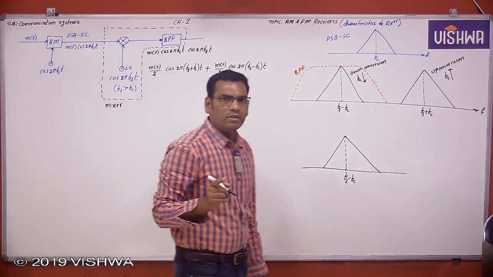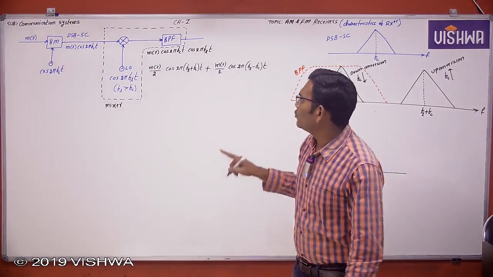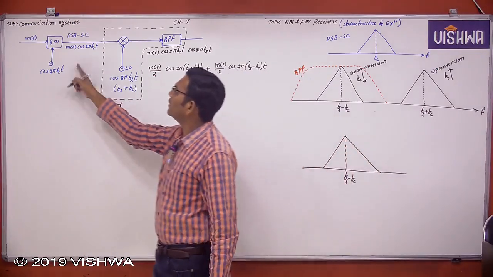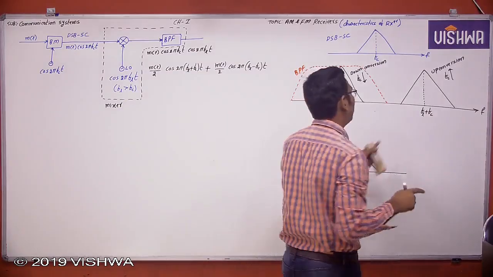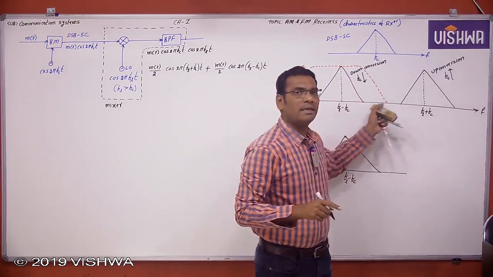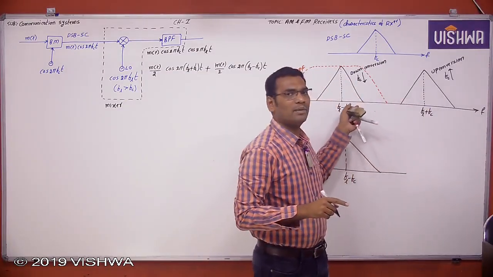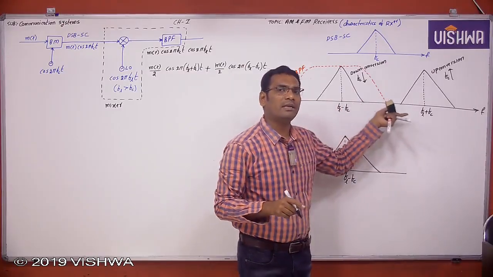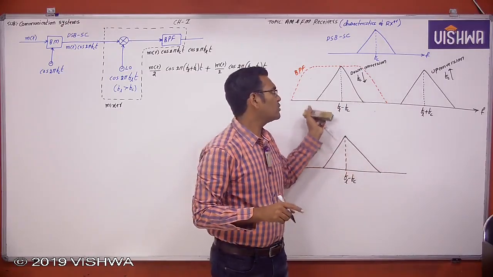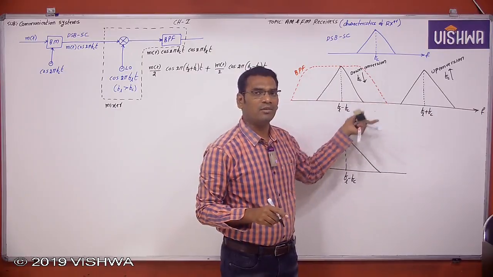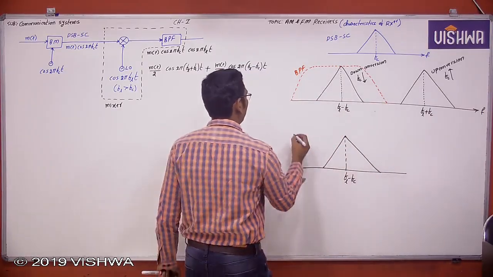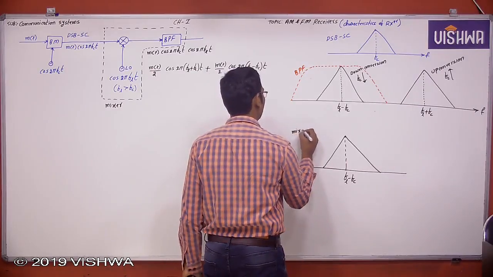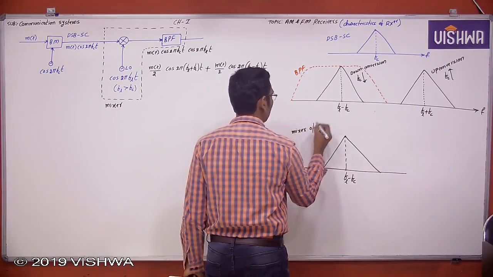The mixer is used in any communication system to change the carrier frequency of the modulated signal. Change means it may increase or decrease. Increase means up conversion, decrease means down conversion. So use an appropriate band pass filter to get back the down conversion or up conversion. This is the mixer output.